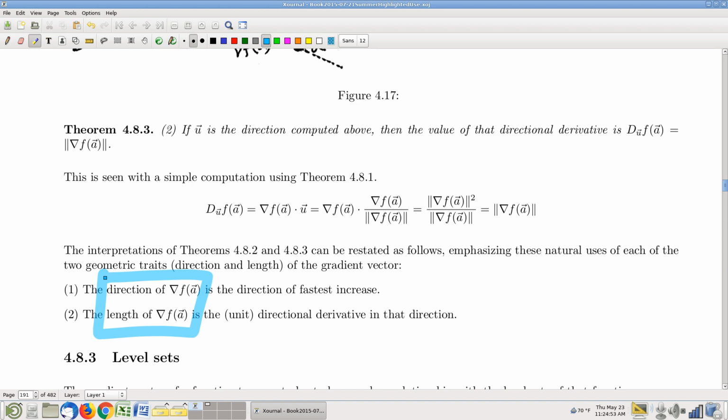So a direction and a length. The two geometric characteristics of this gradient vector are both natural. The direction is the direction of fastest increase. The magnitude, the length, your preference, is the rate of change in that direction. Rate of change with respect to distance, of course. We don't know how fast we can run.